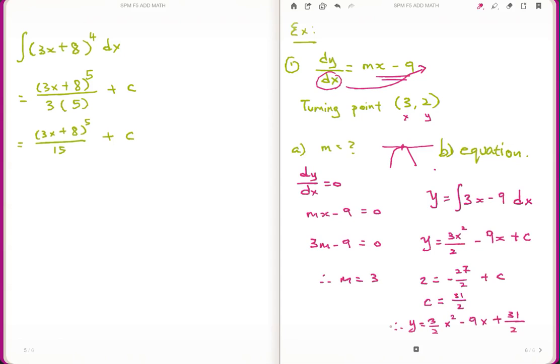That would be the second part of it. Some practice exercises are required before you proceed to the second part for integration, area and volume.